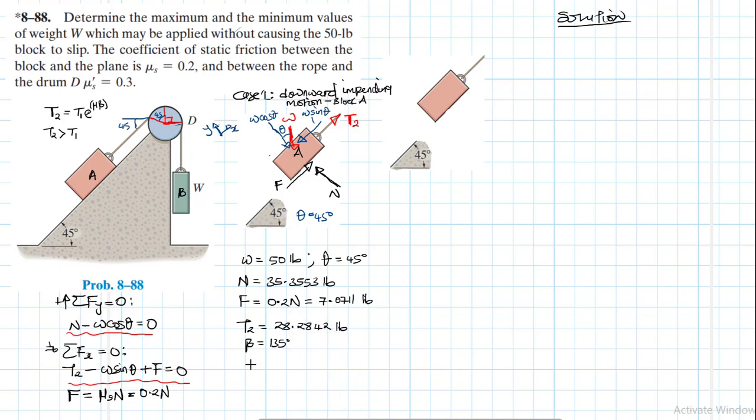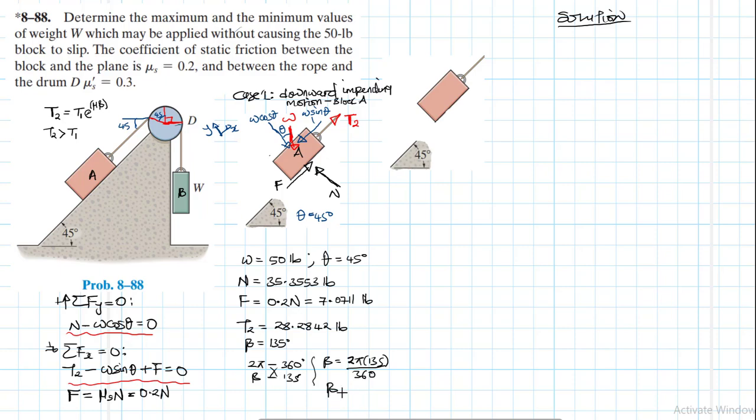We know that 2 pi is equal to 360 degrees, and we want beta for 135, right? Therefore our beta will be equal to, if we cross multiply, 2 pi times 135 divided by 360.